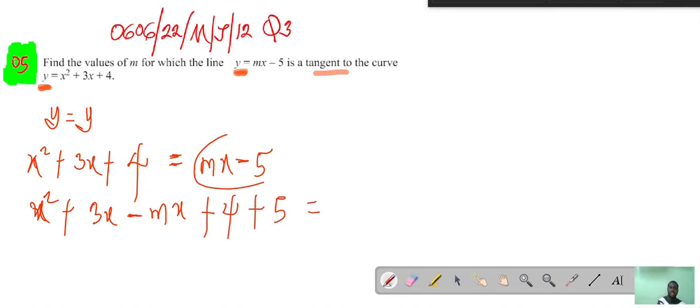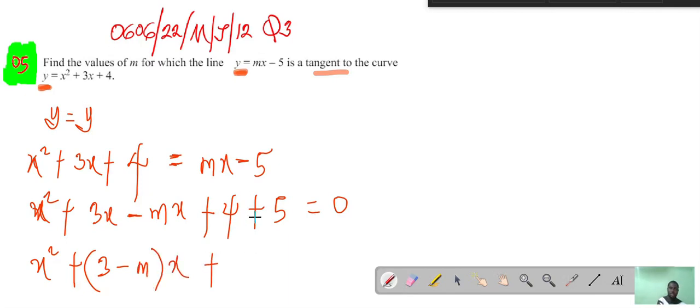All expression here has been transferred, so nothing left there, so that's 0. So we have x squared plus, just write 3 and m, bring out the x, plus (3 minus m)x plus 4 plus 5, 9, equals 0.